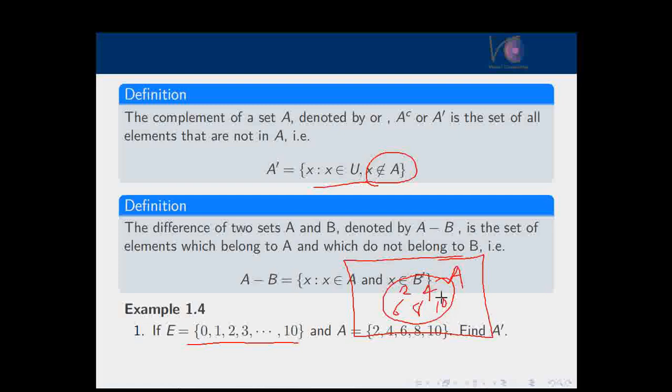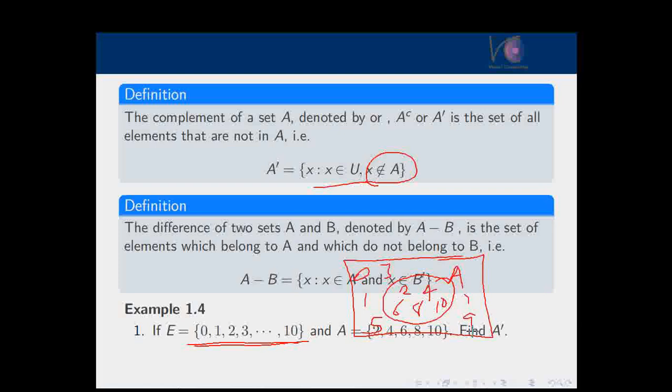That means the rest of the elements are in the universal set. The elements under discussion start from 0 all the way to 10. If 0 is not in A, it should be in the universal set. The element 1 is also not in A, so it should be in the universal set. So you have 0, 1, 3, 5, 7, and 9.